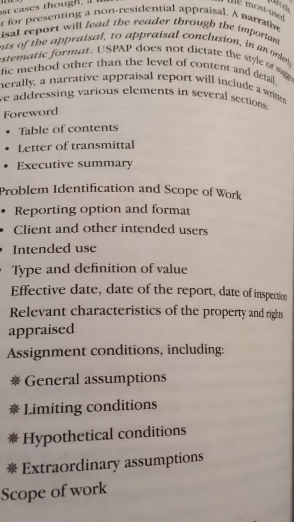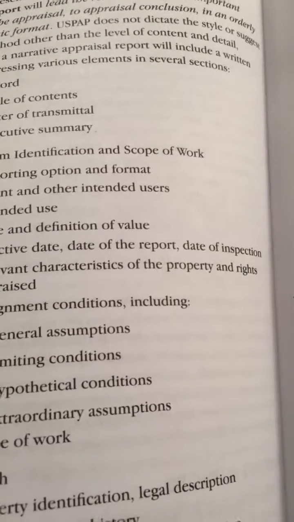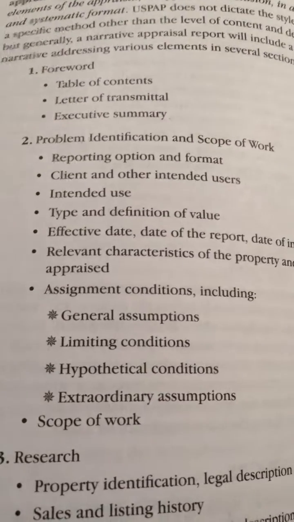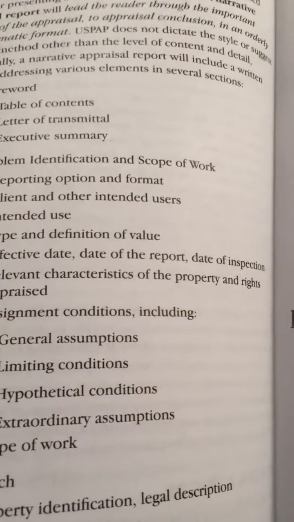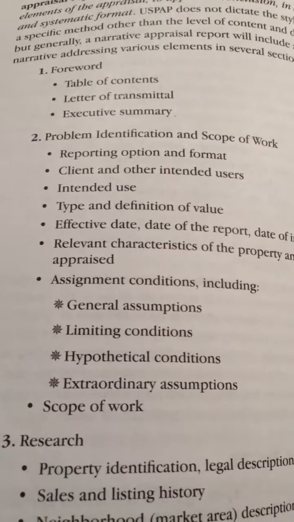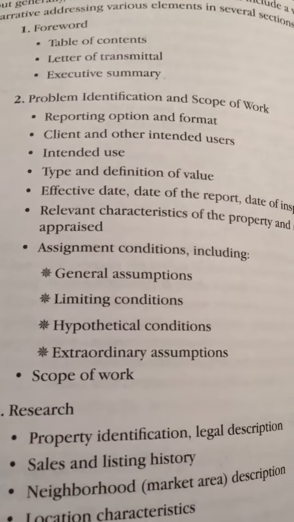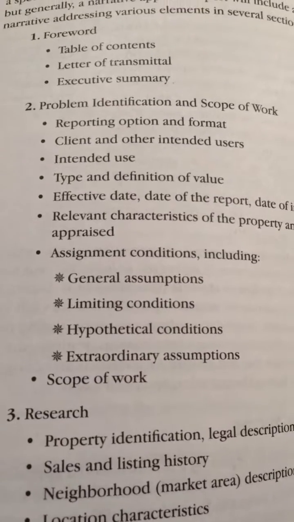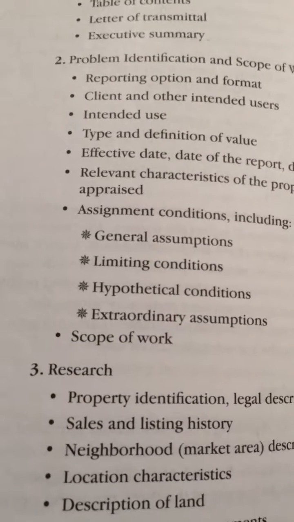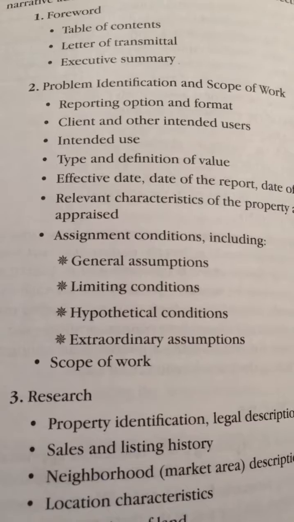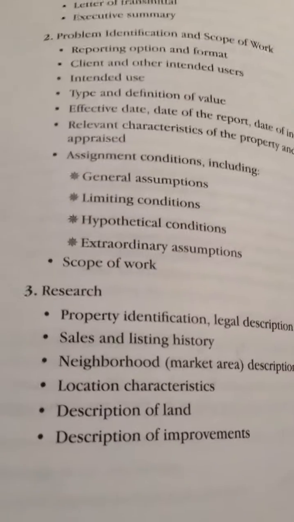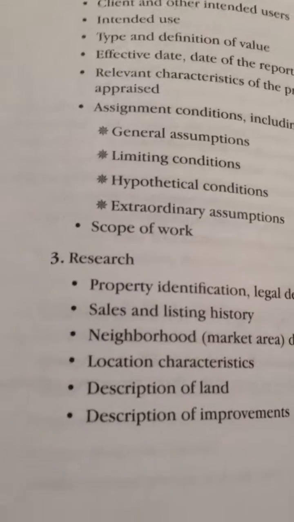Effective date. Date of the report. Date of inspection. Relevant characteristics of the property and rights appraised. Assignment conditions including general assumptions, limiting conditions, hypothetical conditions, extraordinary assumptions, scope of work.